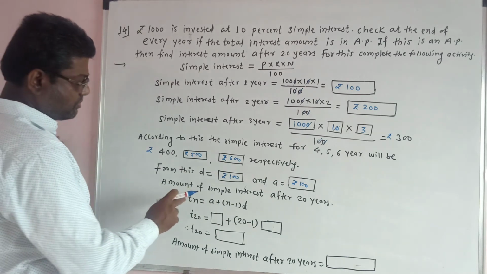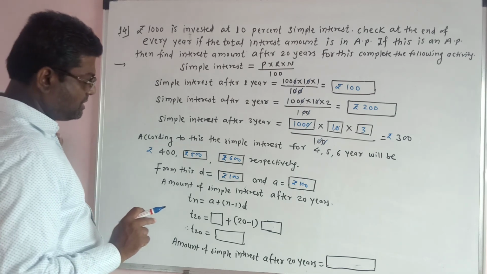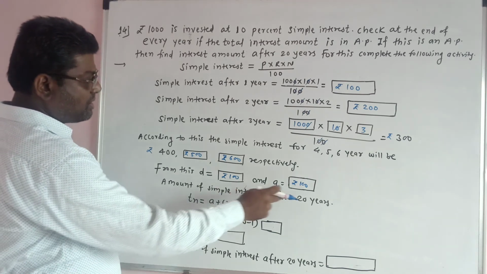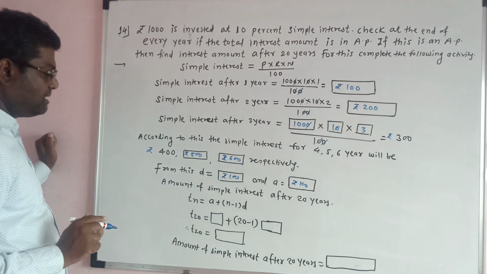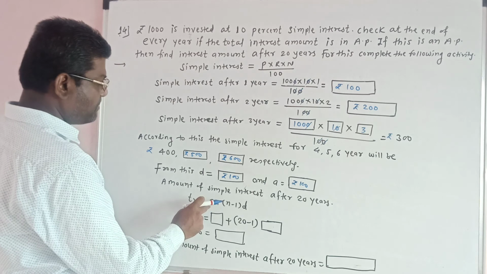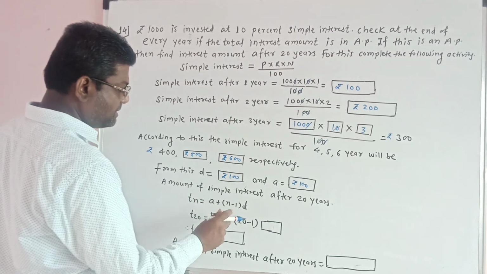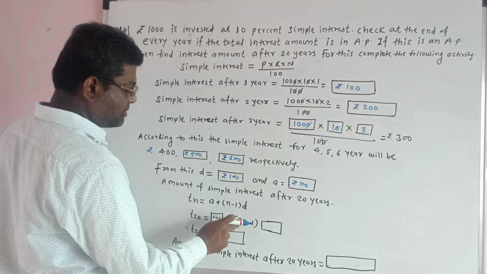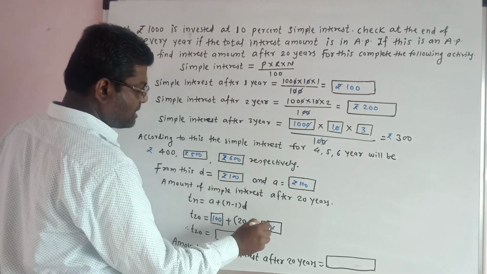For this we use the formula Tn is equal to a plus n minus 1 into d. So for 20 years we take n is equal to 20, that is T20 is equal to a plus n minus 1 into d. a is 100, n is 20, minus 1, into d, d is also 100.